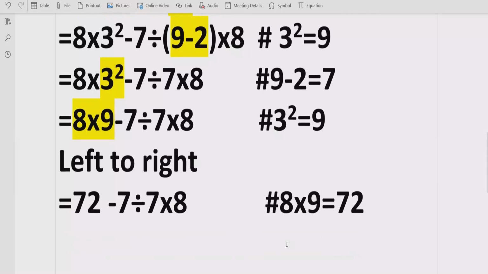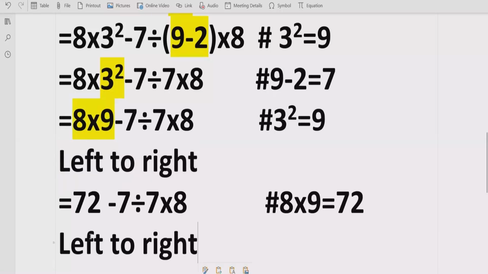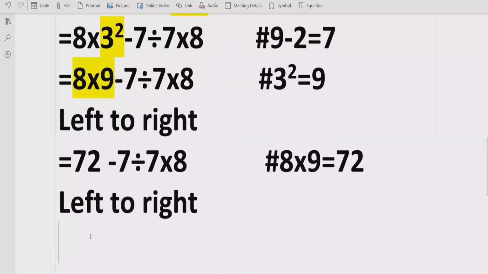Now move forward. According to the BODMAS and PEMDAS rule, we have to go left to right and find out which is coming first. So now we have 72 minus 7 divided by 7 multiplied by 8. Here, you cannot say I'm using PEMDAS, so I will solve this 7 multiplied by 8.